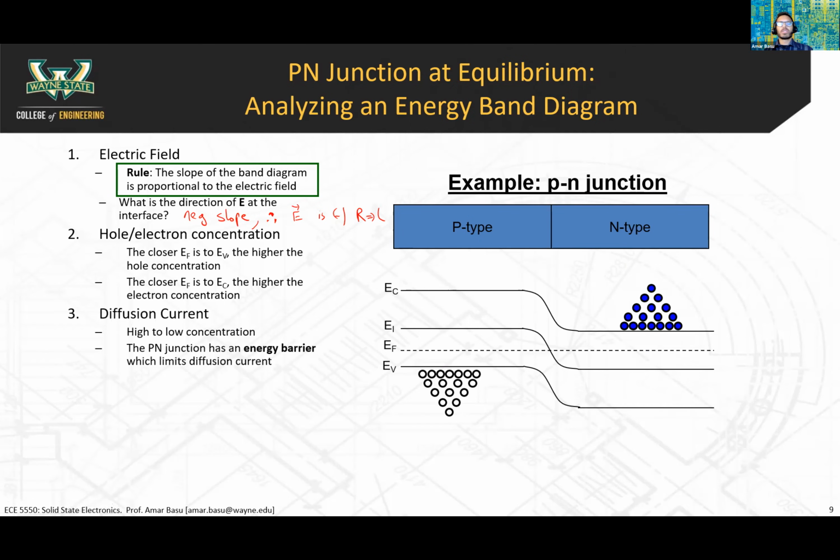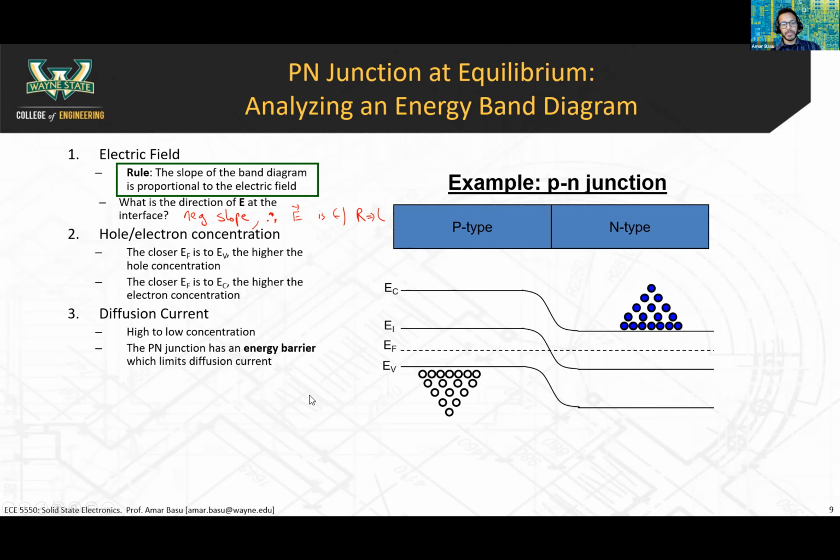It's current that goes from high to low concentration. Particles, holes, and electrons diffuse from high to low concentration. So when we look at this energy band diagram, we recognize that there's a low electron concentration on this side, because the Fermi level is very far away from the conduction band. So there are very few electrons here, but there's a reasonable electron concentration here.